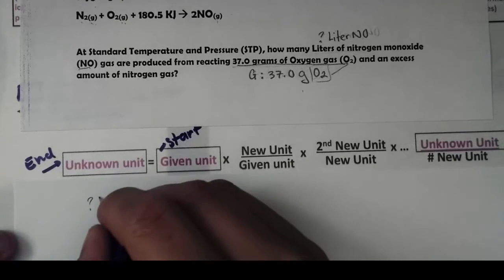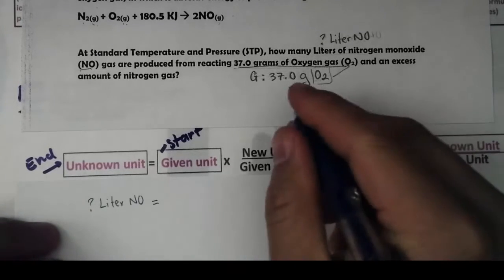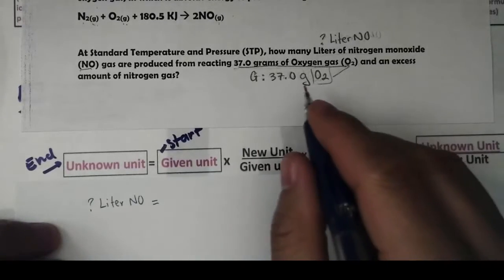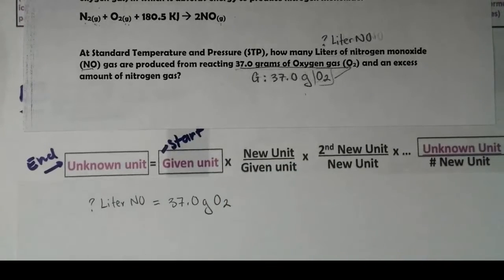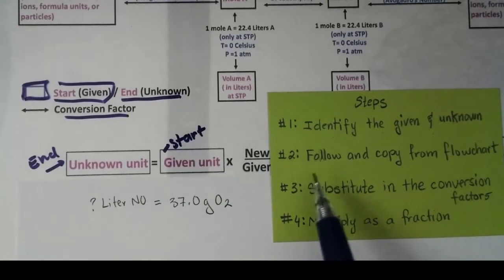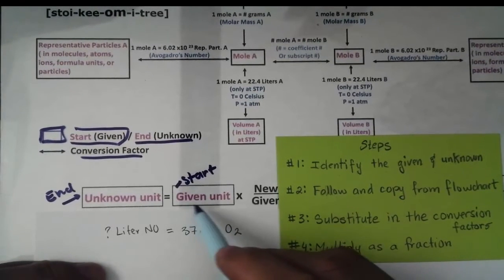My unknown is liters of NO. And my given is 37.0 grams of O2. And that's it. So let's go back to step 2. It's a follow and copy from the flowchart. If we follow the flowchart, we start from the given. Where is the given?